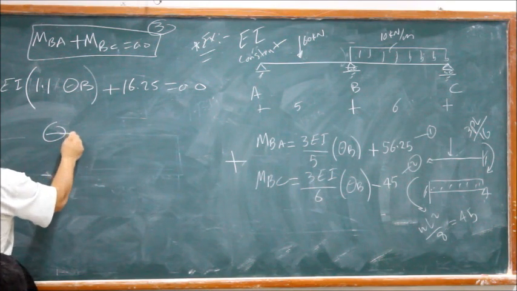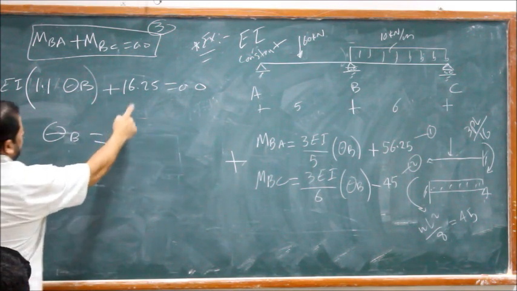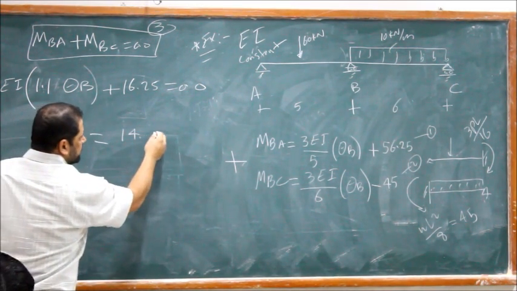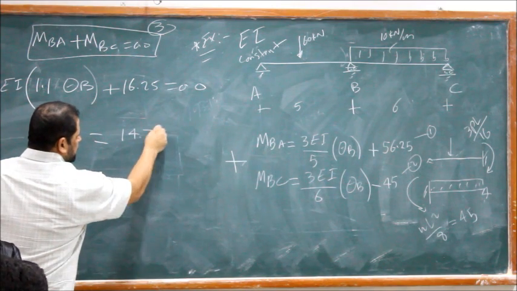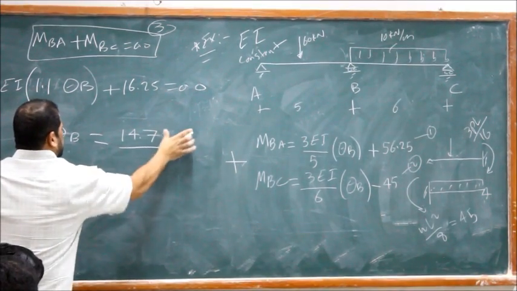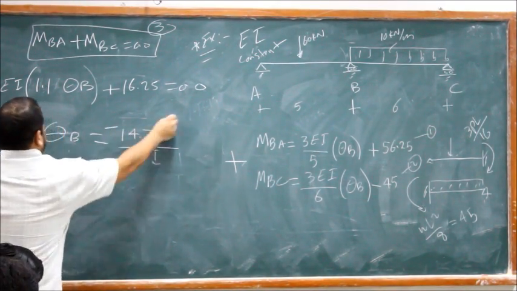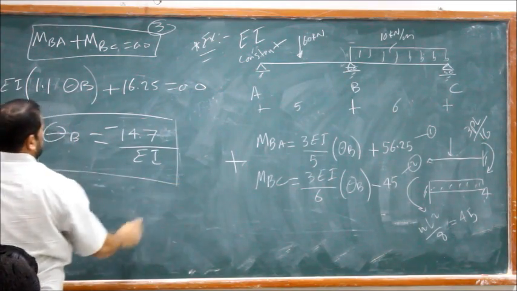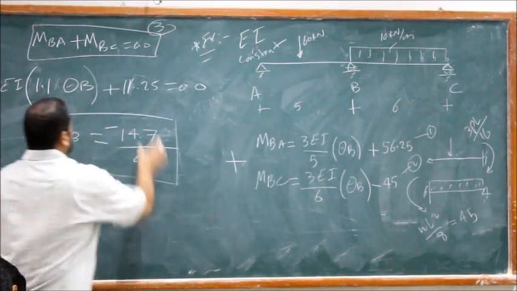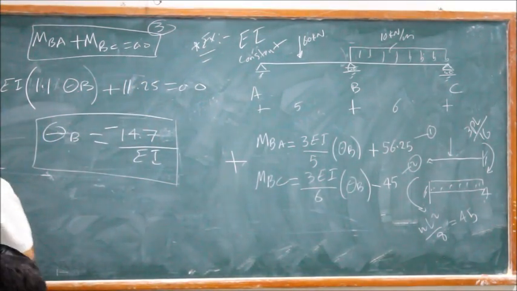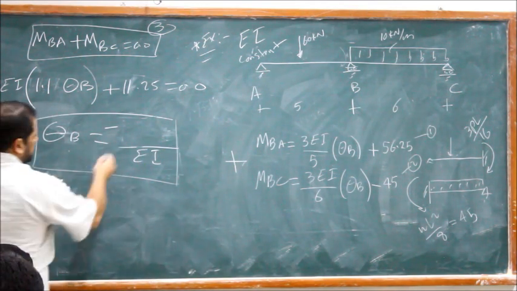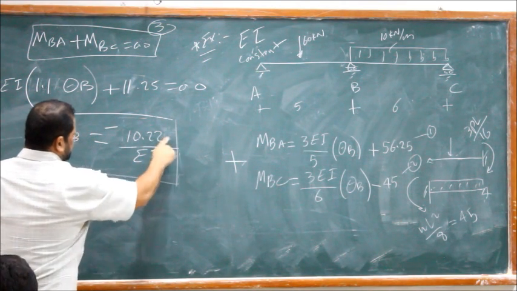So theta B is minus 16.25 over 1.1, which gives 10.22 over EI, negative.